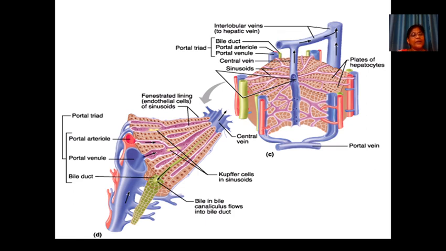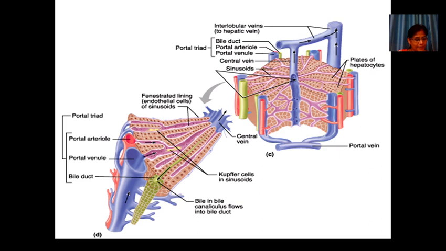All these two are giving supply to the lobules. The portal venule supplies deoxygenated blood, and the portal arteriole or hepatic artery pours pure oxygenated blood into these sinusoids.